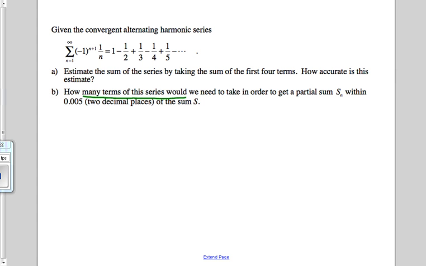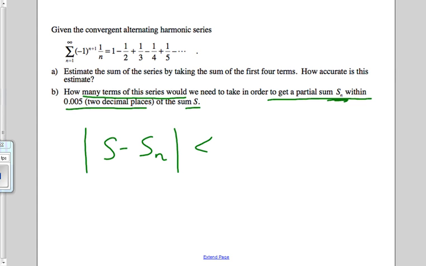What we're saying is s minus s sub n must be less than 0.005.